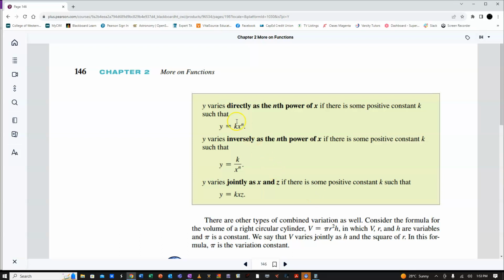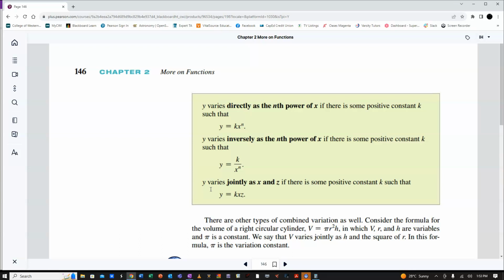In each case, you are told that there's a direct or an inverse variation, and that it varies as the square of x, or the cube of x, or the 10th power of x, or whatever it happens to be. In that case, you start with the equation y equals k times x to the n if it's a direct variation with an nth power, or y equals k divided by x to the n if it's an inverse variation to the nth power.